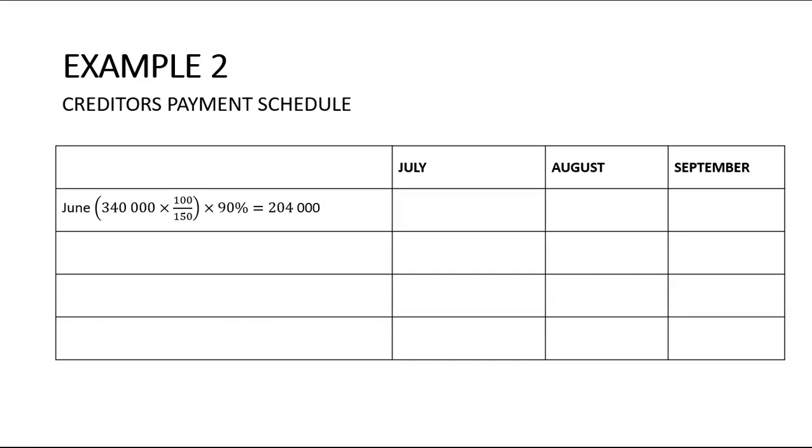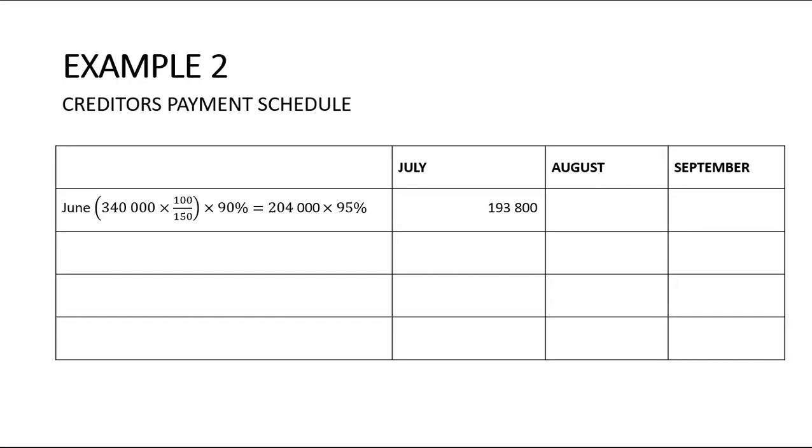Of the total credit purchases, you are only going to pay 95% of that. Why are you only paying 95%? It is because you were given 5% discount. You are therefore going to pay only 95% of 204,000, and that'll give you 193,800.